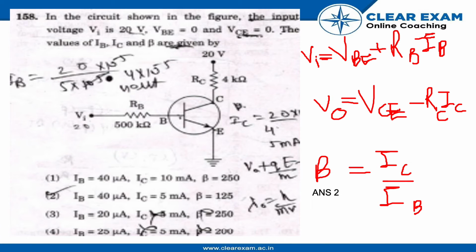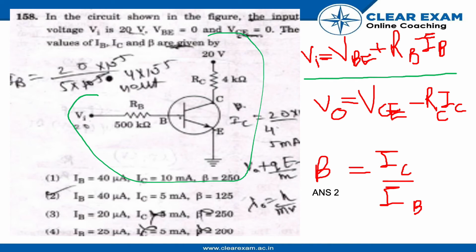So as we know that VI is equal to VBE plus RB IB from this very figure. So from here we will calculate IB, which will come out to be 40 μA, and from this VO is equal to VCE minus RC IC.